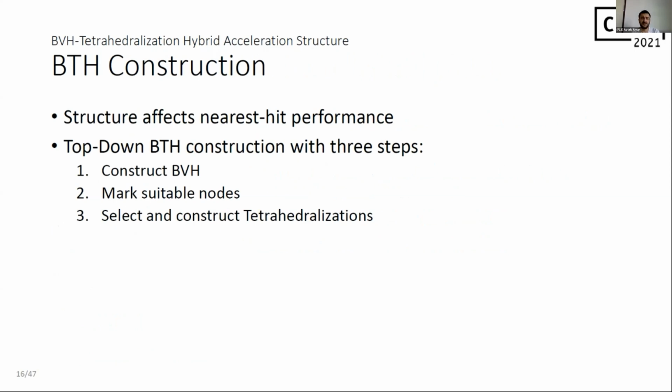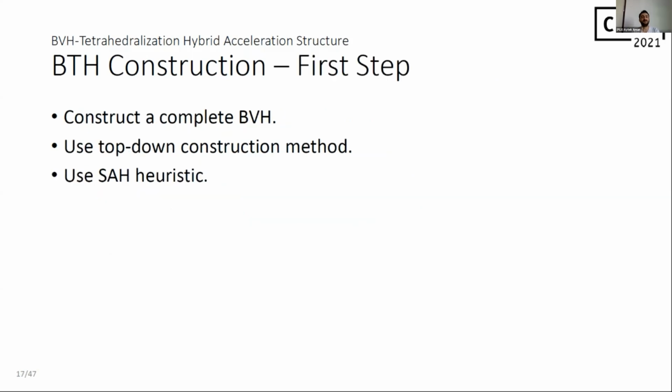And when we are constructing the BTH, we have 3 steps. We construct the BVH first, and then we mark suitable nodes, and then we select and construct tetrahedralizations under those leaves. So the first step is to construct a complete BVH first. And for that, we use a top-down construction method and use the surface area heuristic.